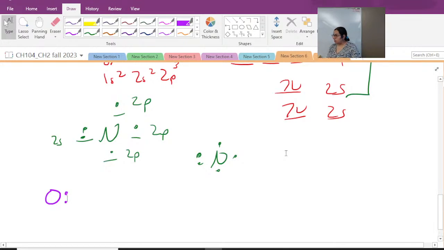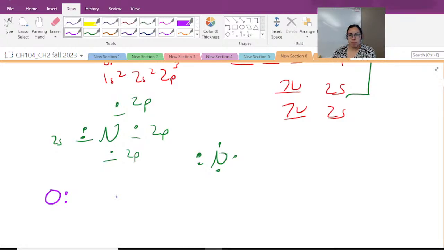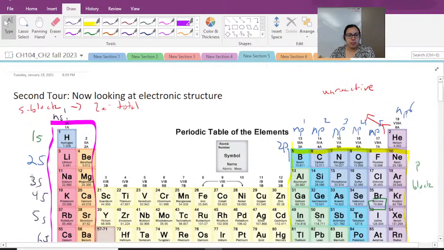So what do we get for the electron configuration? What should we start with? Someone can start us off. So where do we start? 1s.